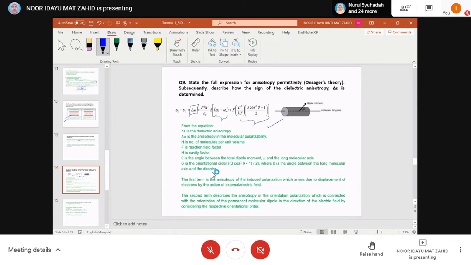Once you give the full equation, you can give the definition for each term. Delta epsilon refers to the dielectric anisotropy.